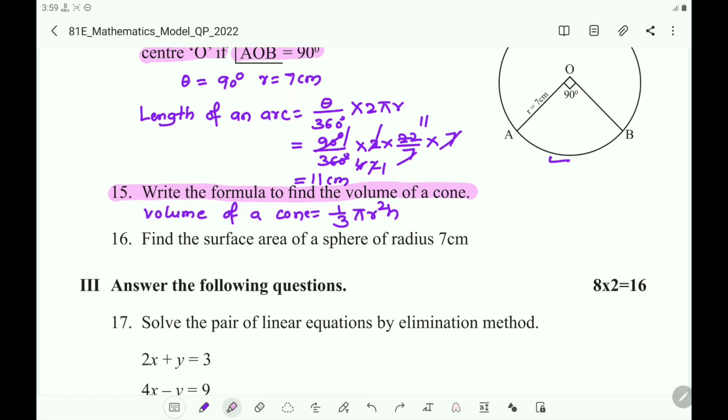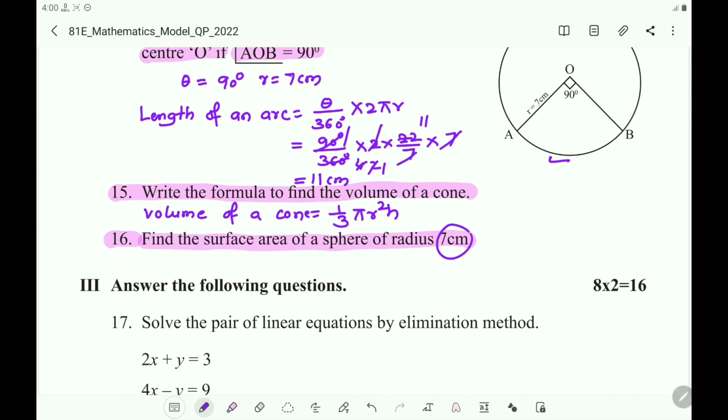Next question, 16th question. Find the surface area of a sphere of radius 7 centimeter. You must know the formula to find the surface area of a sphere. Surface area of a sphere equals 4 pi r square.